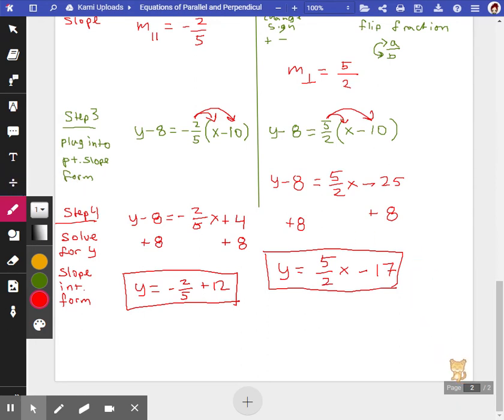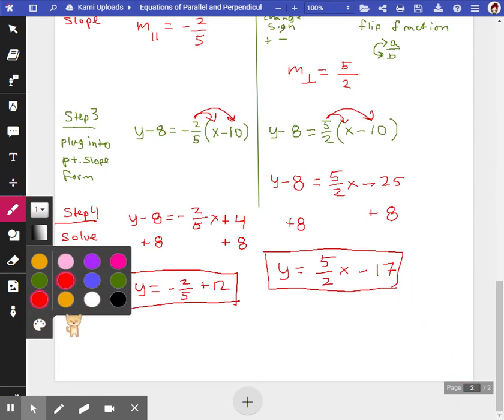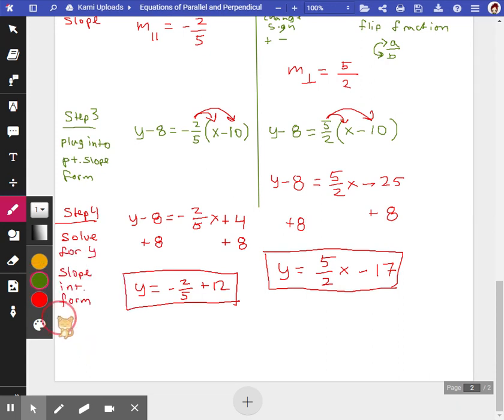So for the most part, this is everything. There's a couple of special cases that aren't as common, but they still come up from time to time.